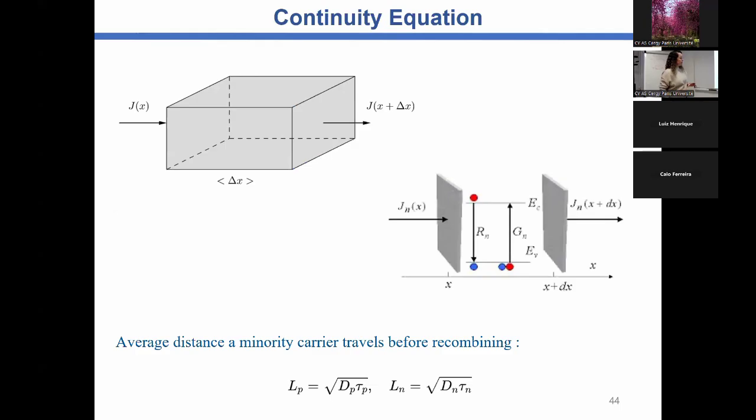So in terms of that, if we have one material, here is a 3D material in this figure. We apply one voltage, and we want to measure the current that is getting into the material and getting out of the material.